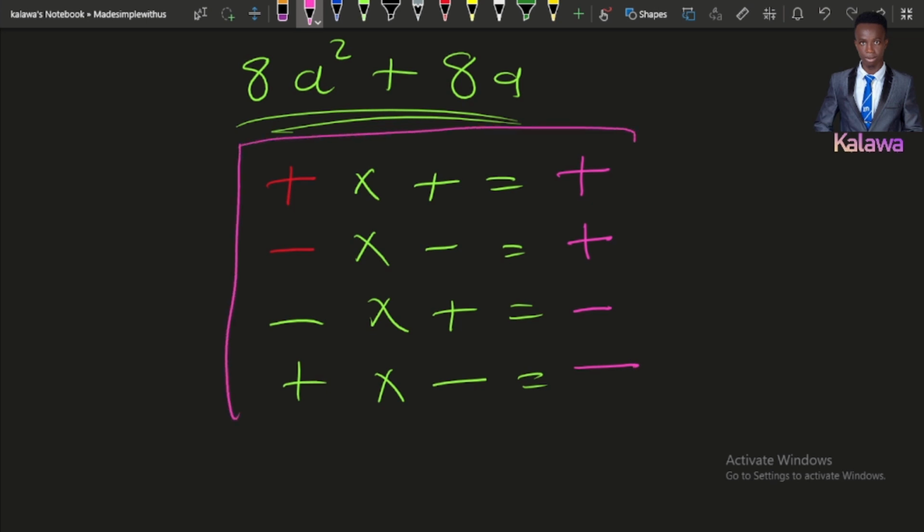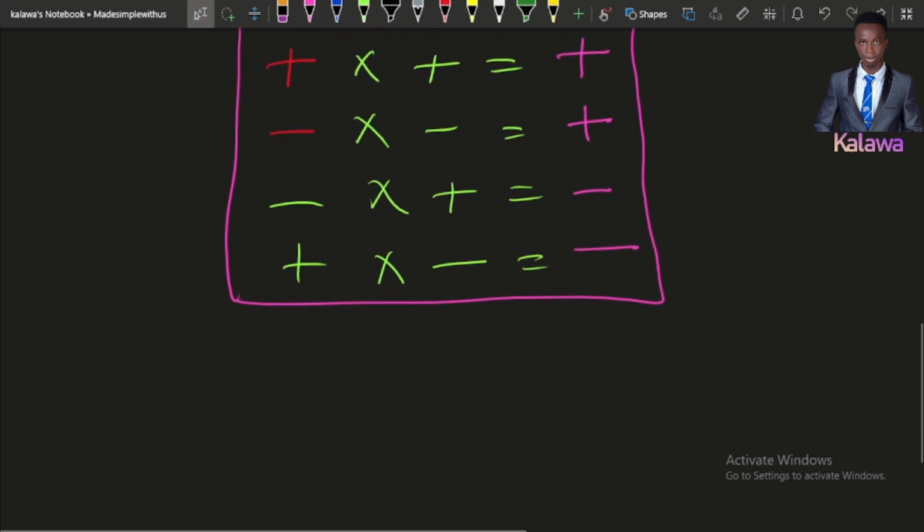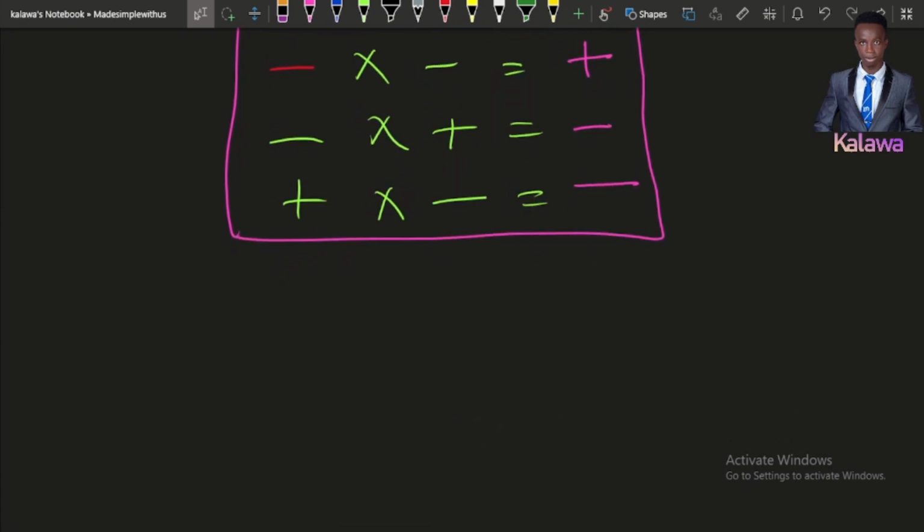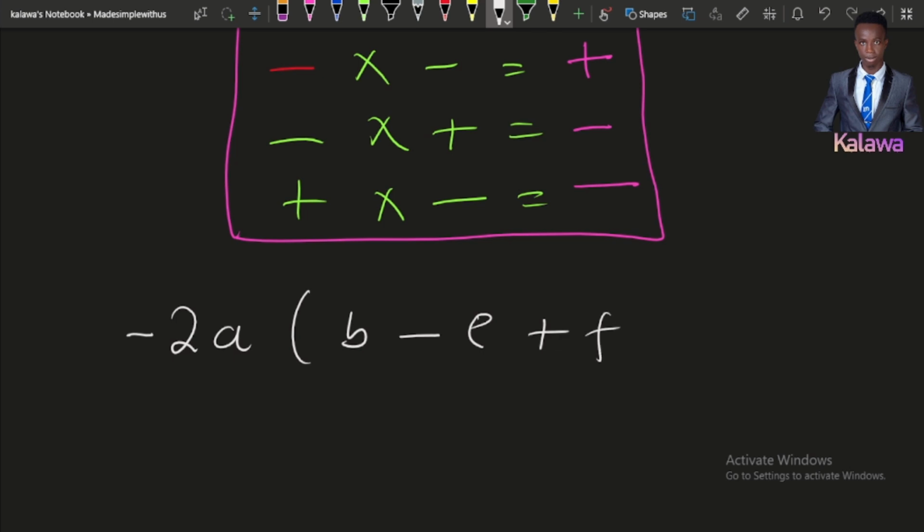Find a piece of paper and write them down, or you can just keep this in your heart, because they are really important in solving algebraic expressions, more especially if you are dealing with brackets. Let me give you an example. Let's say we have minus 2a into the bracket b minus a plus f.